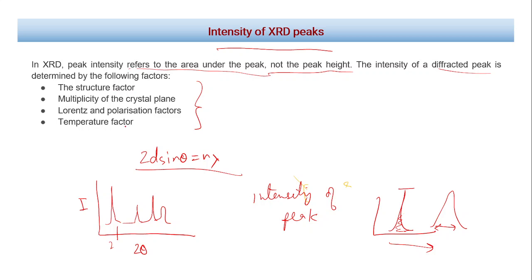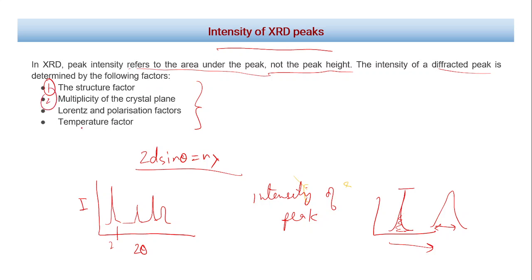There are also other parameters which influence the XRD peaks, but the most important ones we need to be careful of are the structure factor and the multiplicity of the crystal planes.